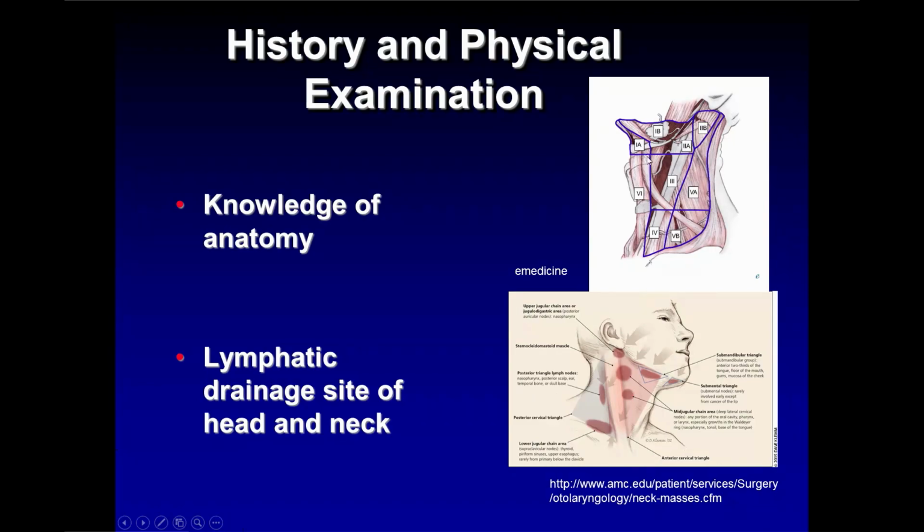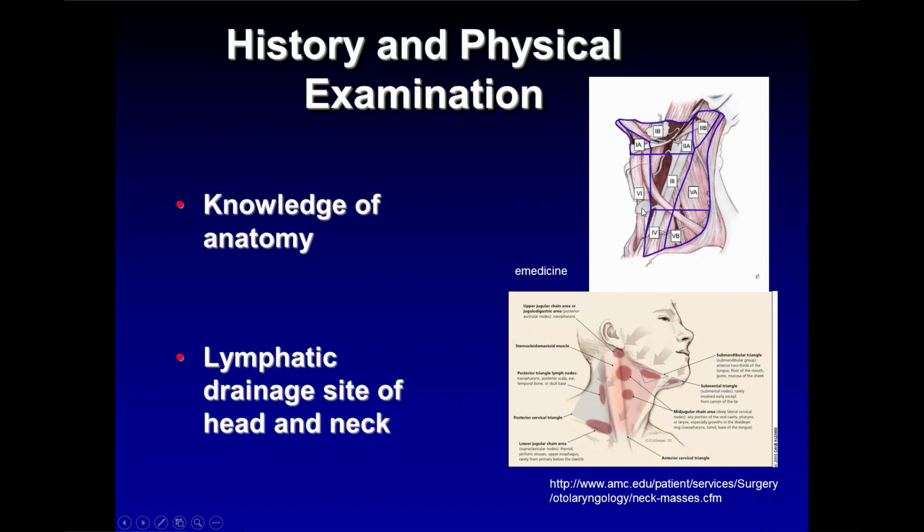Level 3 occupies a position between the hyoid bone and the cricoid cartilage, and again is anterior to the posterior aspect of the sternocleidomastoid and tends to be posterior or lateral to the strap musculature. So that's the sternohyoid, sternothyroid muscle, and the omohyoid.